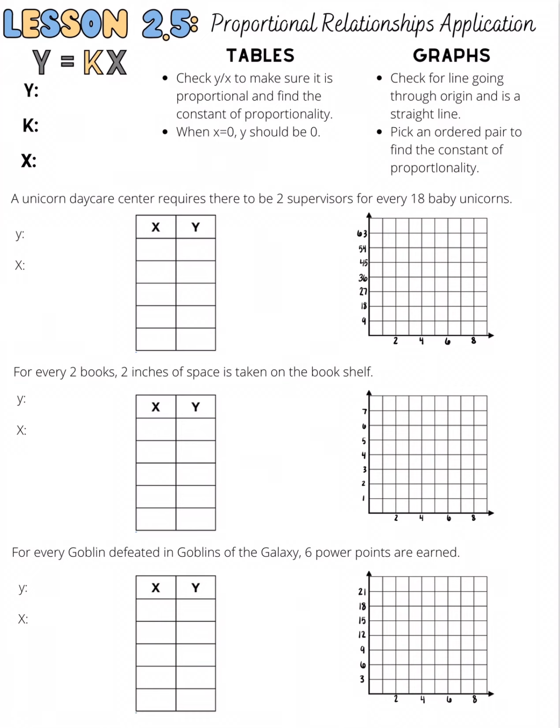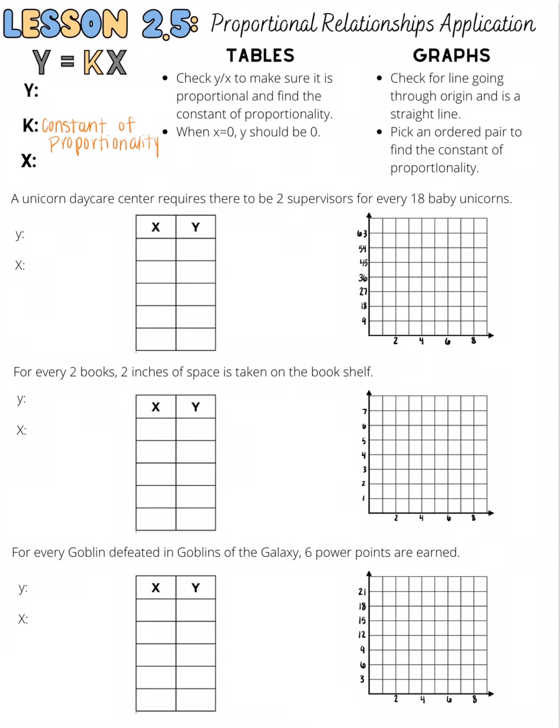Remember, the equation for a proportional relationship is y equals kx. As you know, k is your constant of proportionality. Now, your y and your x are representing numbers, but one of the things you're going to have to get used to is that if you get a word problem, you need to identify what your y and x are representing.